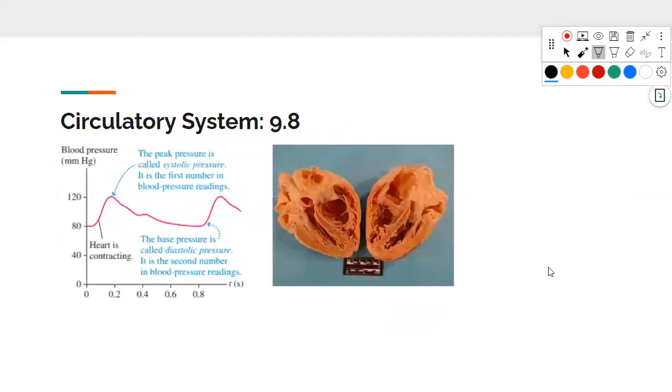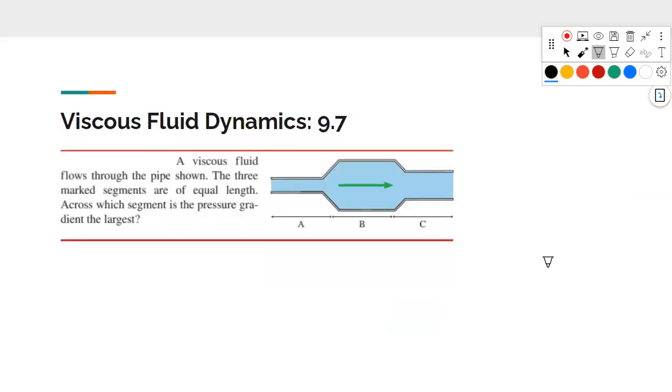And so in our example, the only thing that's changing is the radius of the pipe. The lengths are the same, the fluid's the same. The speeds will change, but the radius, 1 over r squared, is by far the strongest effect.